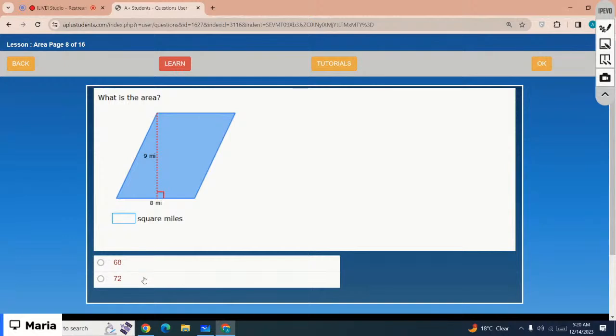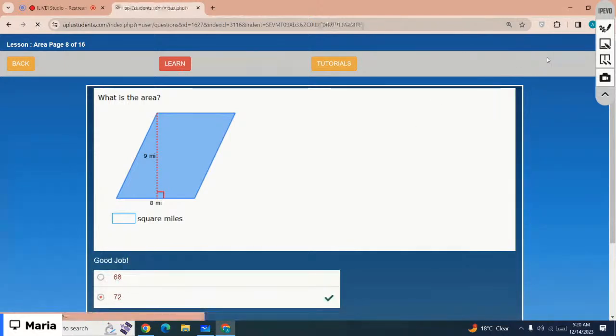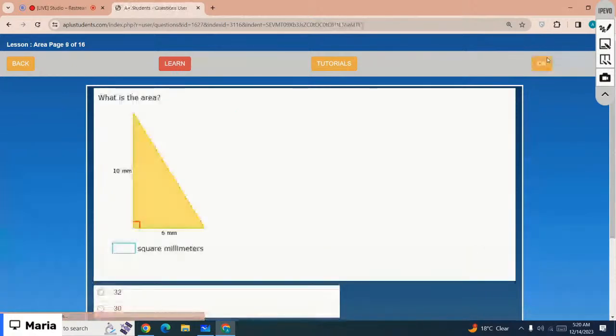The correct option is 72. Very good. What is the area? Which is the correct option? Yes, that is 30 square millimeter, right?